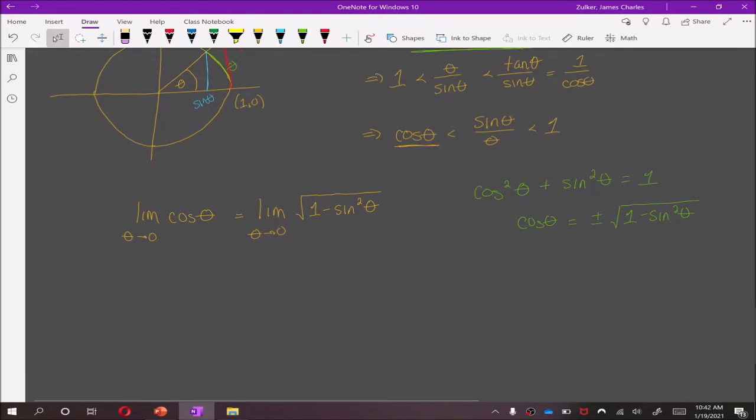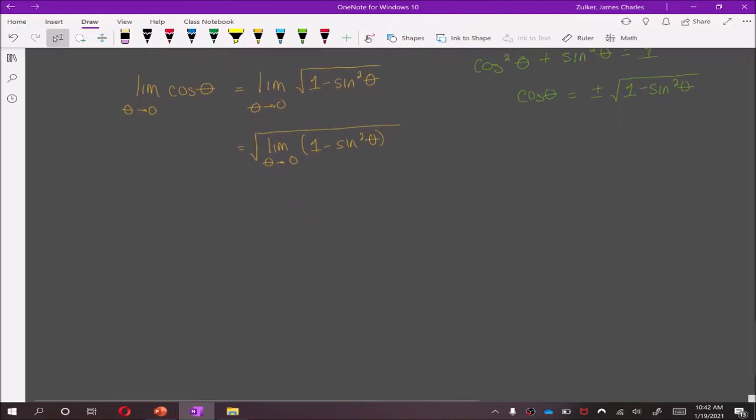Well, this would give us the square root of the limit as theta approaches 0 of 1 minus sine squared, which now allows us to do this using limit laws.